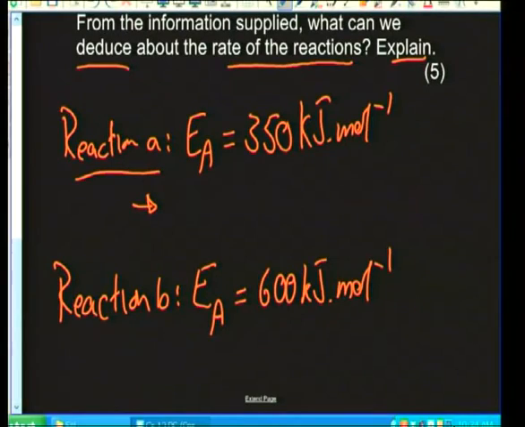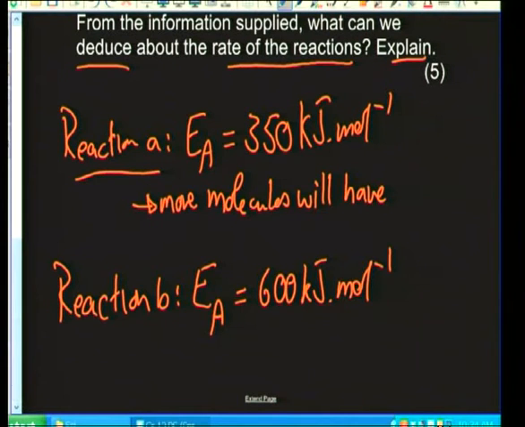So what we need to recognize is that for a low activation energy, there will be more reactant molecules that will have the specific activation energy. So it's likely that we're going to get more molecules here with the activation energy or greater.